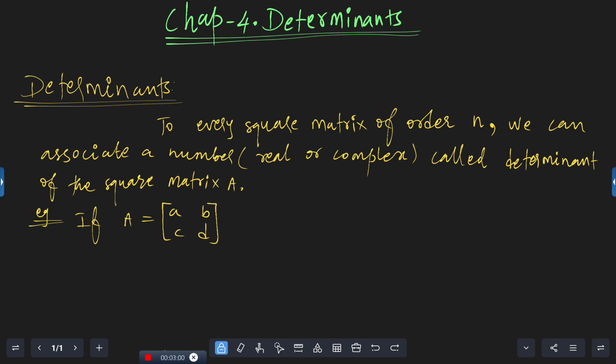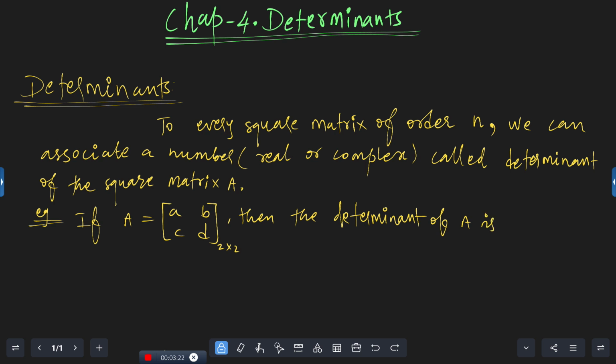If I'm taking a matrix with order 2, then how will you write the determinant of A?